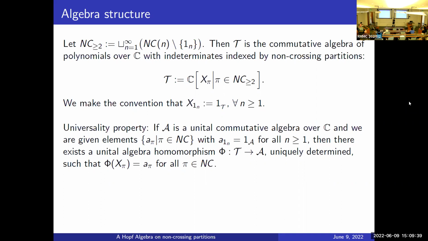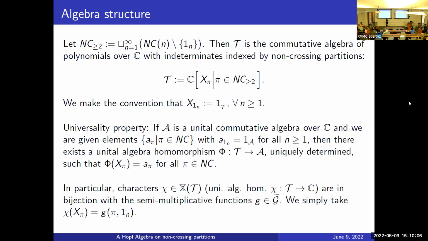If I have such a sequence, then there is a unique unital algebra homomorphism that sends the algebra T to this algebra A, such that the indeterminate x pi goes to the value a pi. Okay, that's some technicality that is, I think, very intuitive, and we are going to use it just for some definitions.